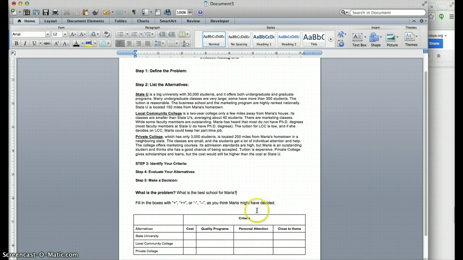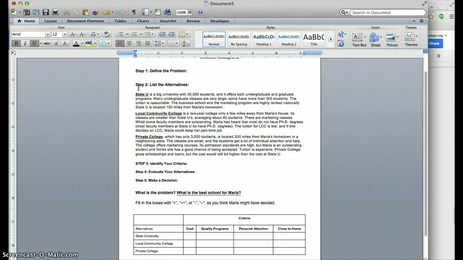Okay, that could be. You could change this or add on to this, but basically this is the problem that we will answer. And so that's step number one: define the problem.